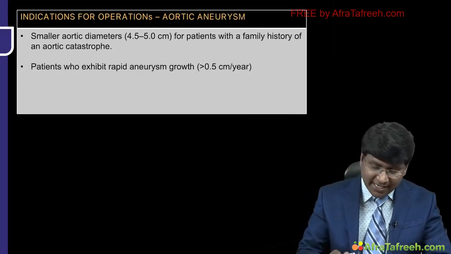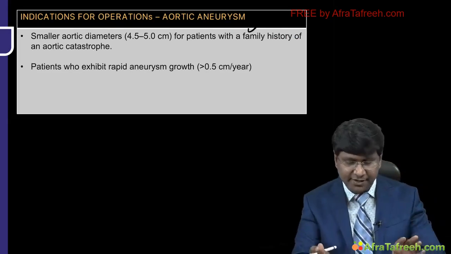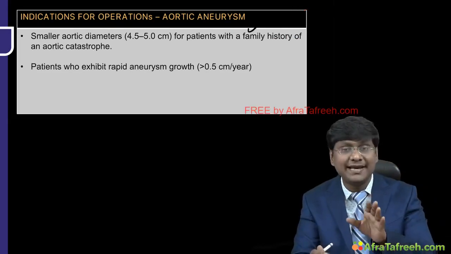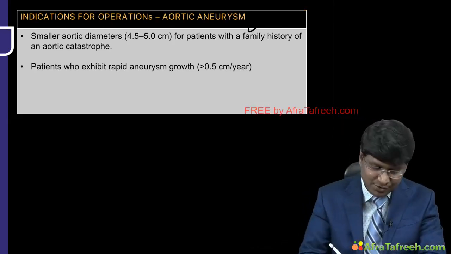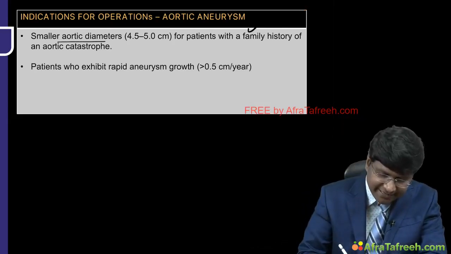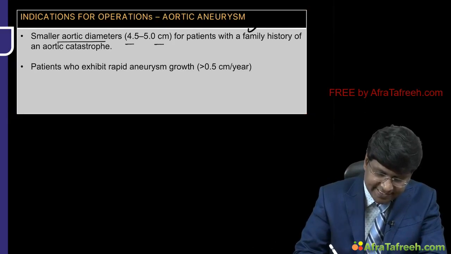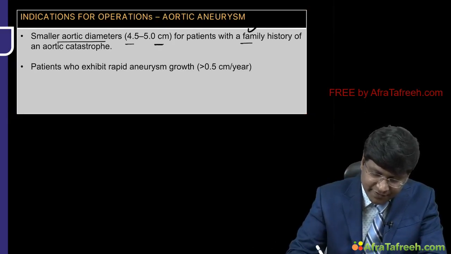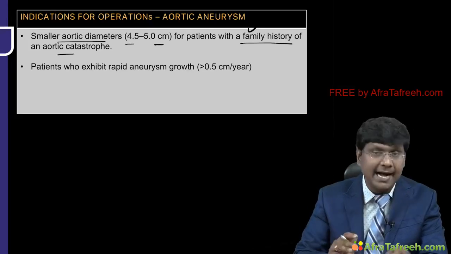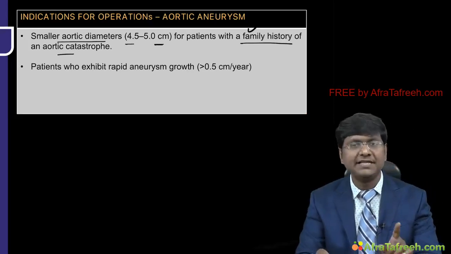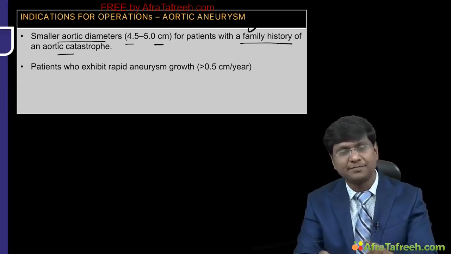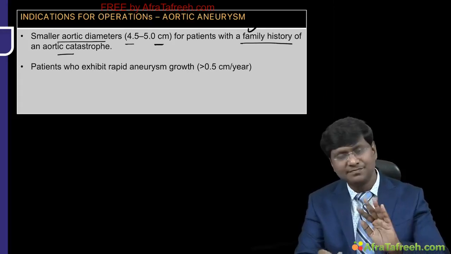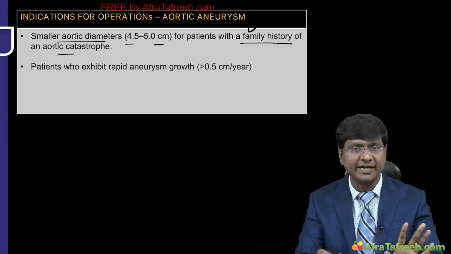Now, another thing is indications for operation in case of the presence of aortic aneurysms. If there are smaller aortic diameters like 4.5 to 5 centimeters, for patients with a family history of aortic catastrophe, in the form of aortic dissection or aortic rupture, if they are having aneurysm, they have to undergo surgical intervention.